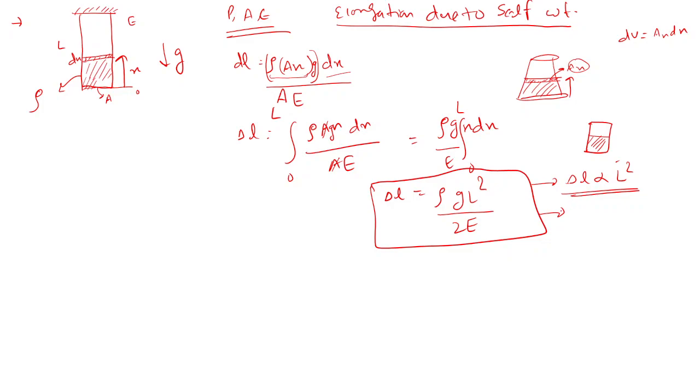This is the first conclusion. And second, it is not a function of the area here. Whatever the area, the elongation would be the same due to the self weight. Correct?